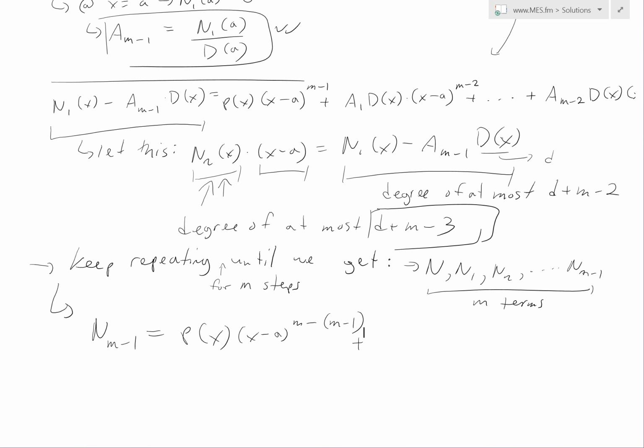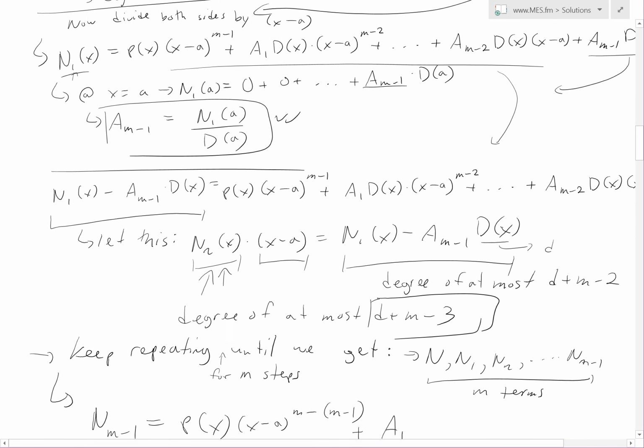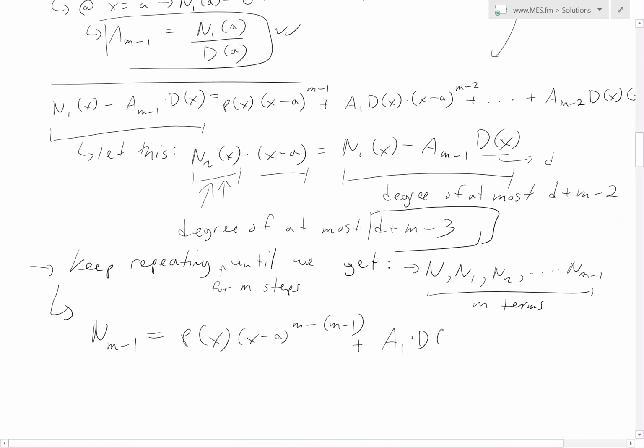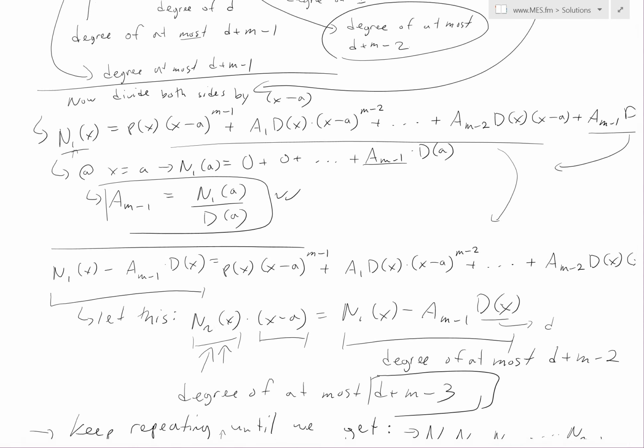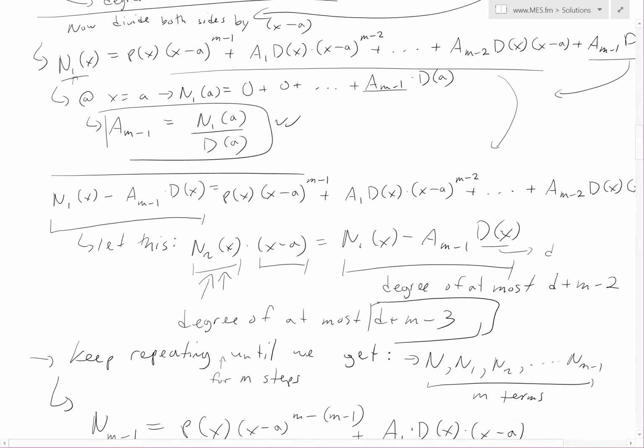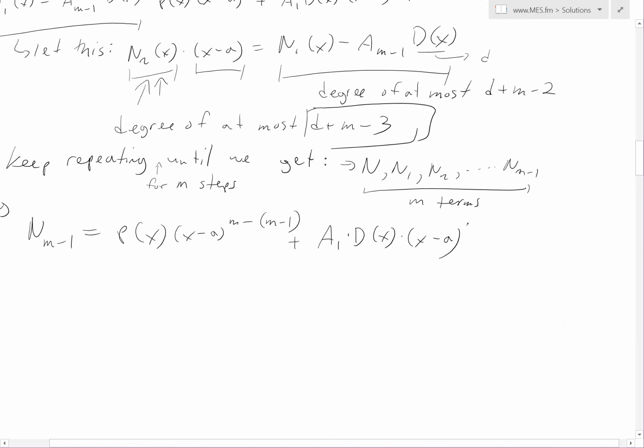So as you can see here, we get all the way up to a1. That's going to be, look at this one here, a1 times d of x. Now this is going to be x minus a, and as you can see here, we start off from the very beginning at m minus 1. So m minus 1, then we have divided by m minus 1 times.